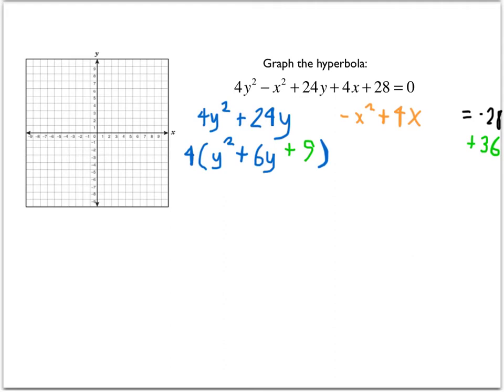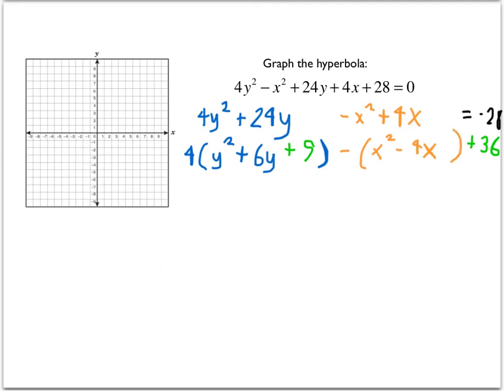Completing the square here, and I don't have to really do any other factoring, it looks like. Let's see, I'm trying to think about what to do with that negative sign. That's always a little bit pesky here. So it's going to be like minus x squared minus 4x, like that.